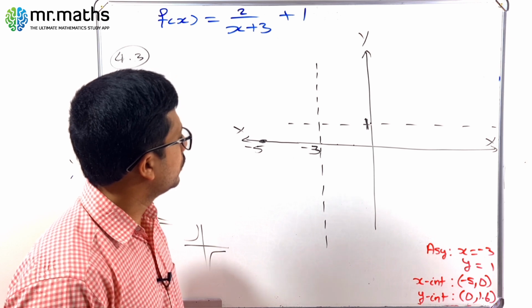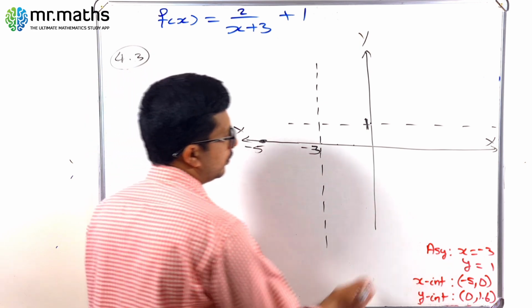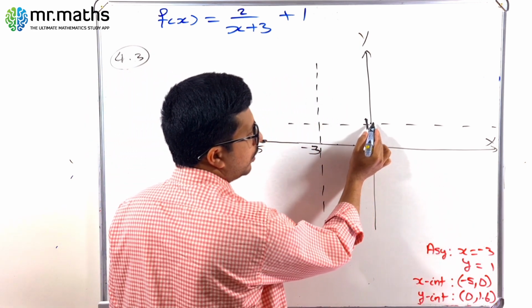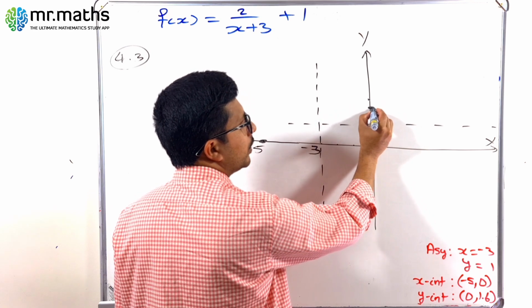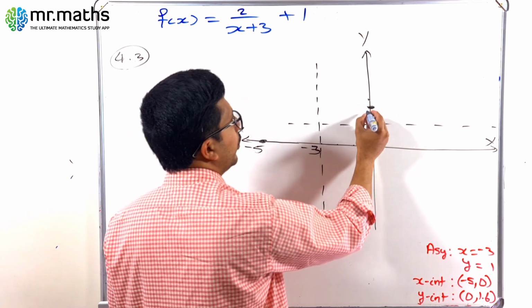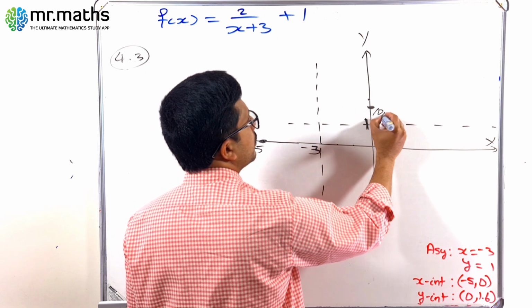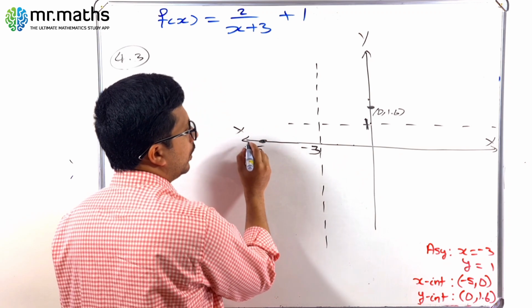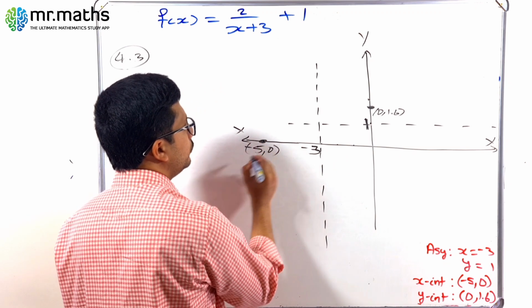The asymptote is 1, so assume that this is 2. So 1.6 is somewhere here. That is 0 comma 1.6, and this one is minus 5 comma 0.